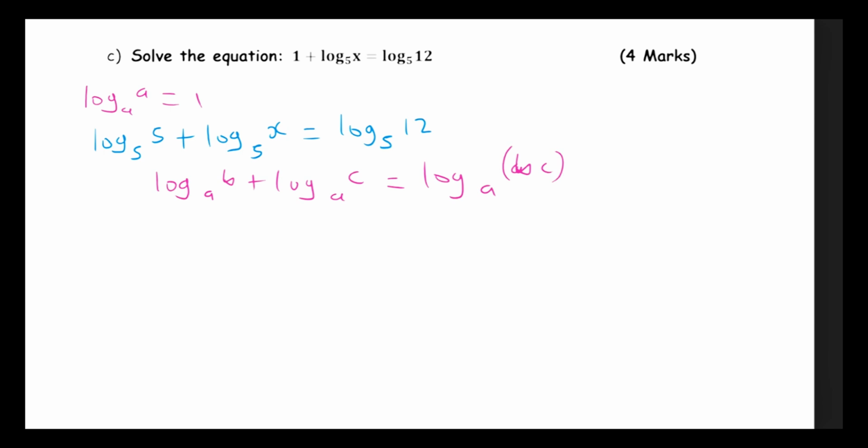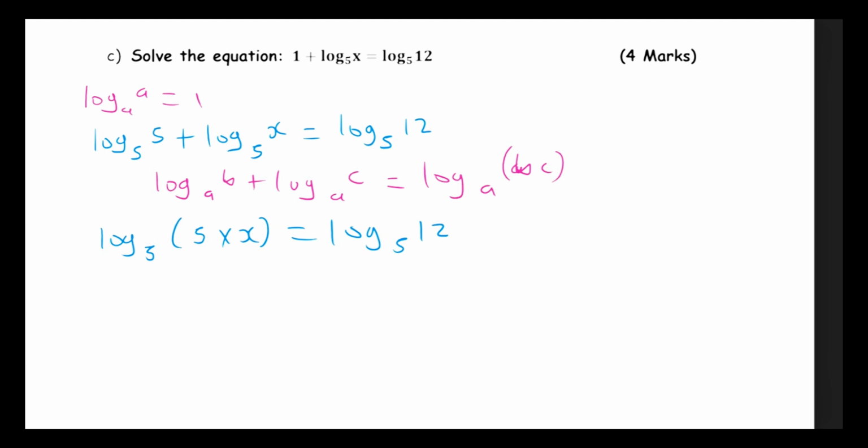So we can apply that to the left hand side so that we have log to base 5 of 5 times x is equal to log to base 5 of 12.